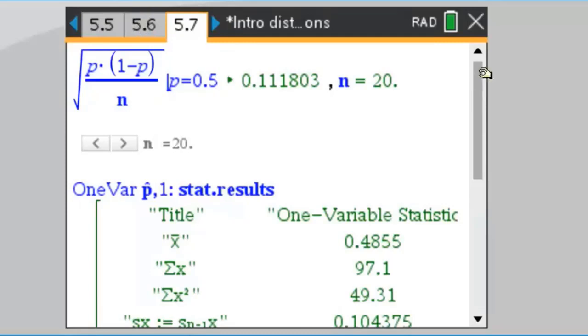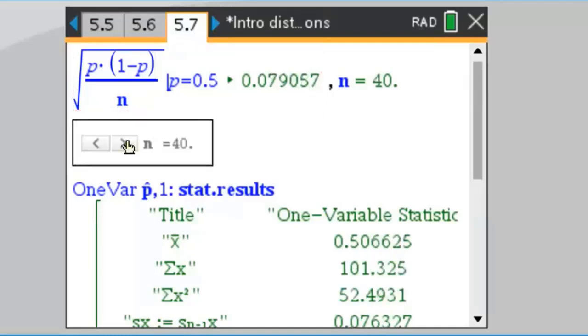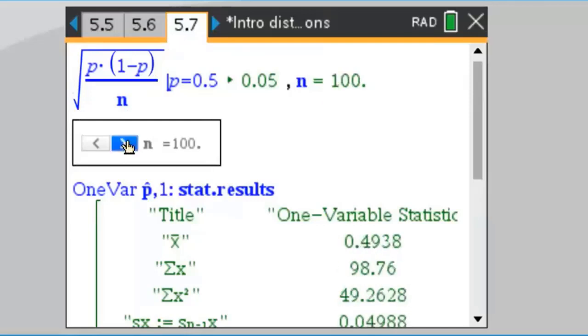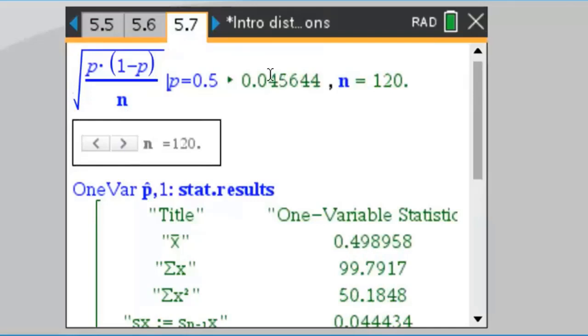Okay, this is another simulation. So this time I've got a notes page, and this is to illustrate that you can insert sliders in notes pages, and I've got the standard deviation here in a maths box in the notes page, and I can change the value of n, and one of the things that you can see is that as the value of n increases, the standard deviation decreases and in fact approaches 0.